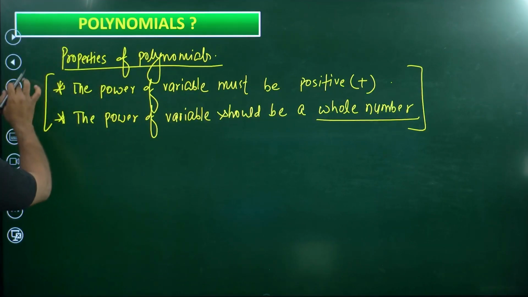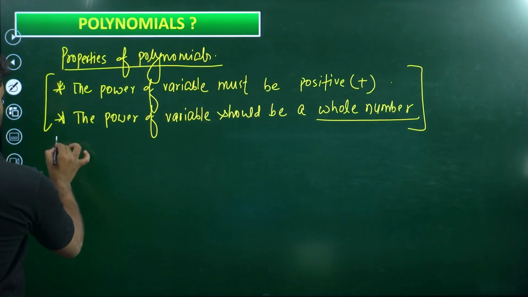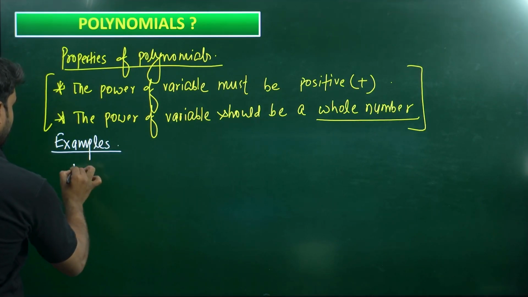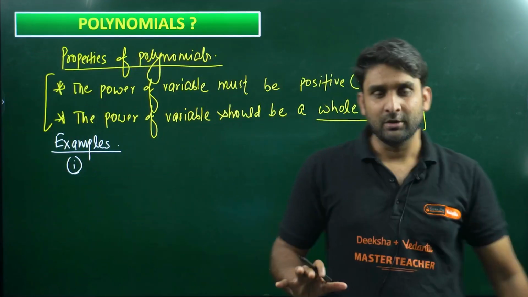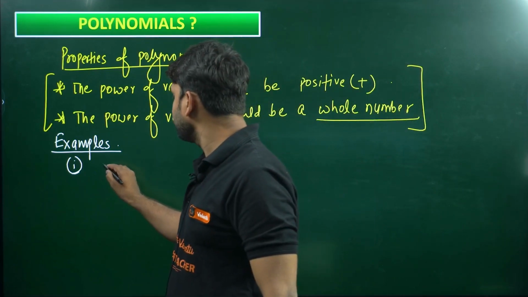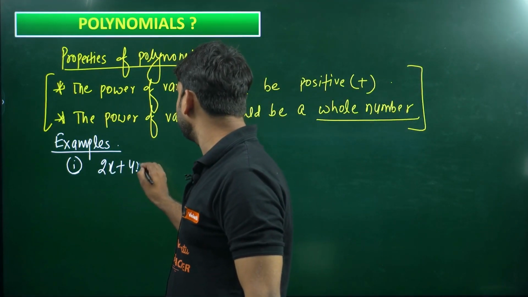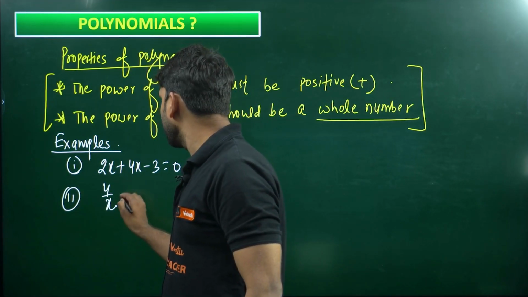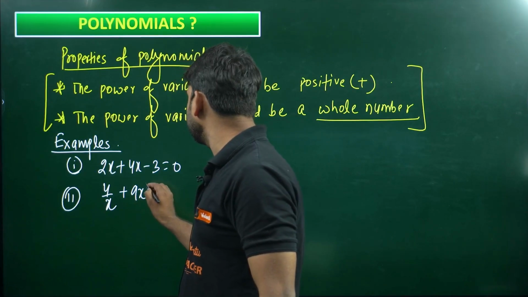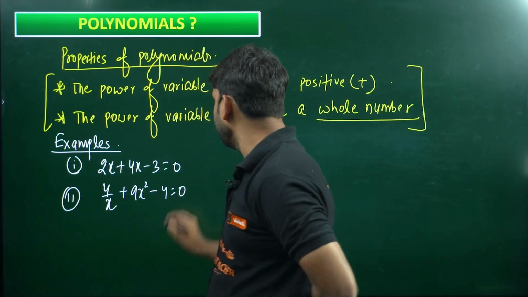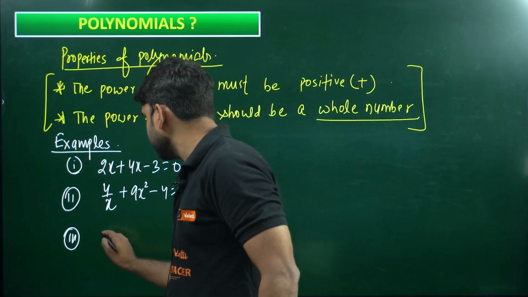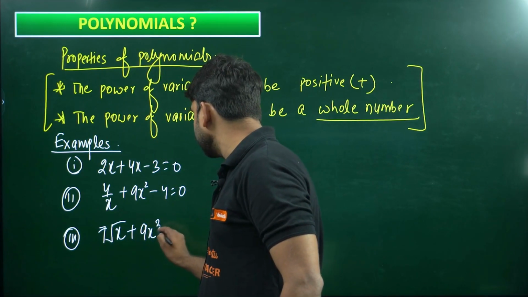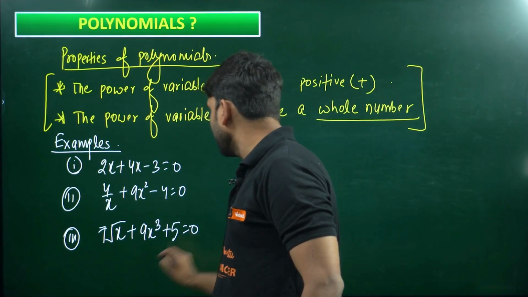For example, let's talk about a few examples here. Let's check whether the given expressions are polynomial or not. First, 2x square plus 4x minus 3 is equal to 0. Second is 4 by x plus 9x square minus 4 is equal to 0. Third is 7 under root x plus 9x cube plus 5 equals 0.